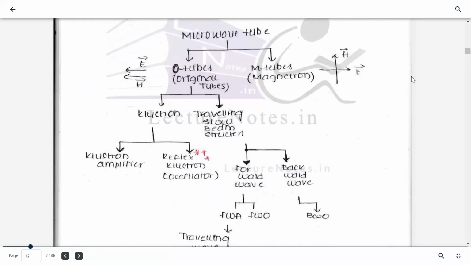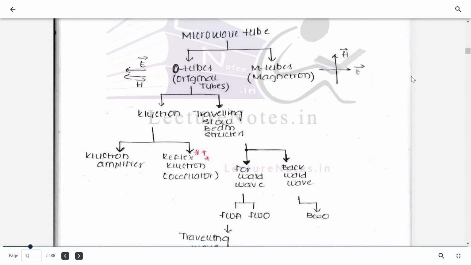Original tubes are also called linear beam. In this, the electron beam follows a straight path. That's why it is called linear beam. In these tubes, velocity as well as density modulation takes place, and it creates a bunching effect.